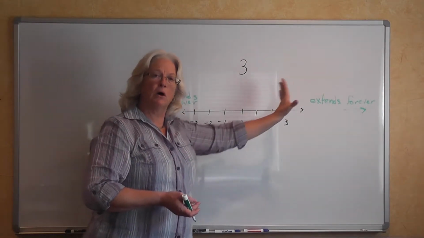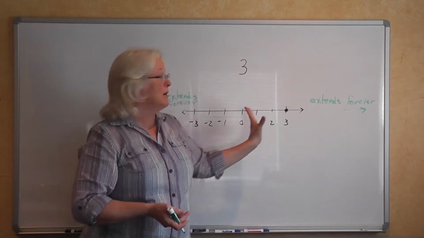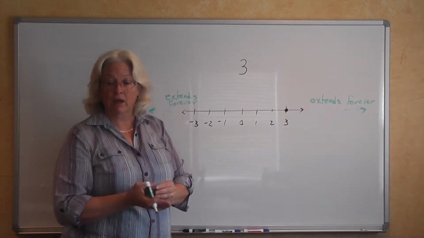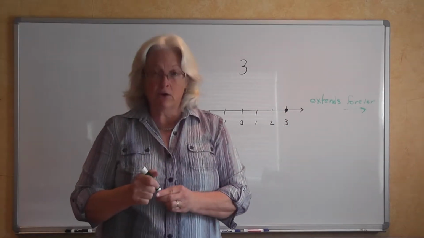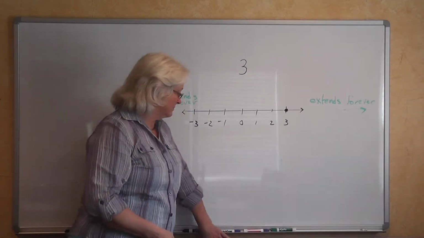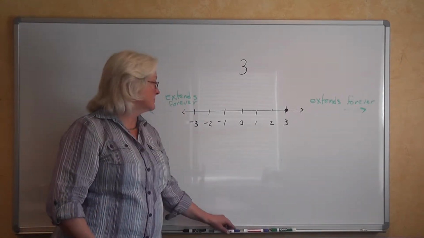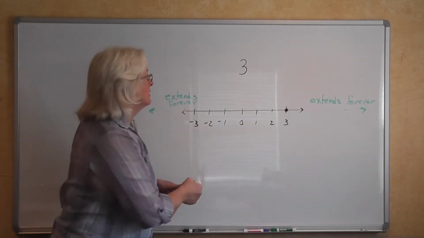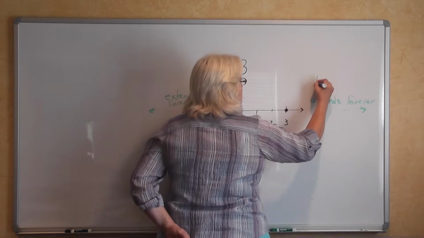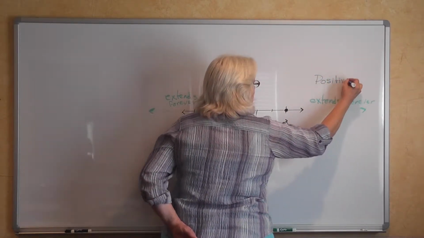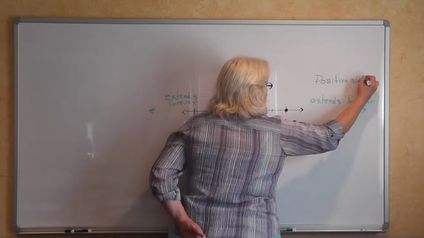So the further you go towards the right on the number line, the bigger the number gets. It extends forever, the numbers get larger, and these are considered positive numbers.